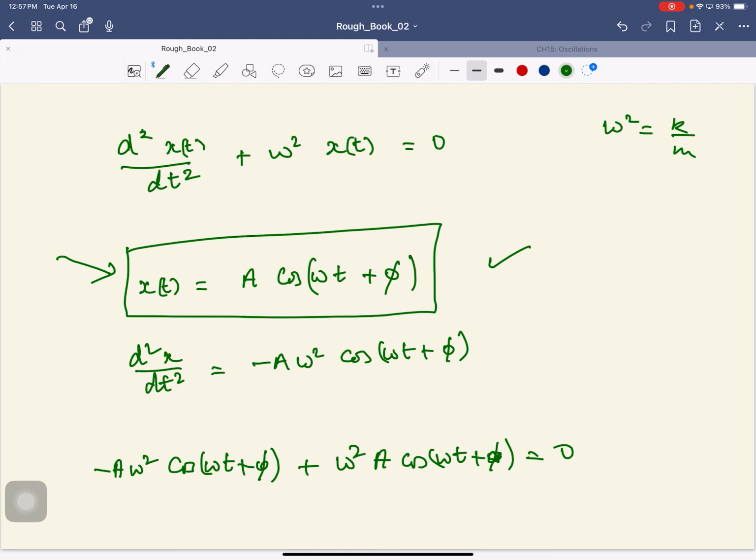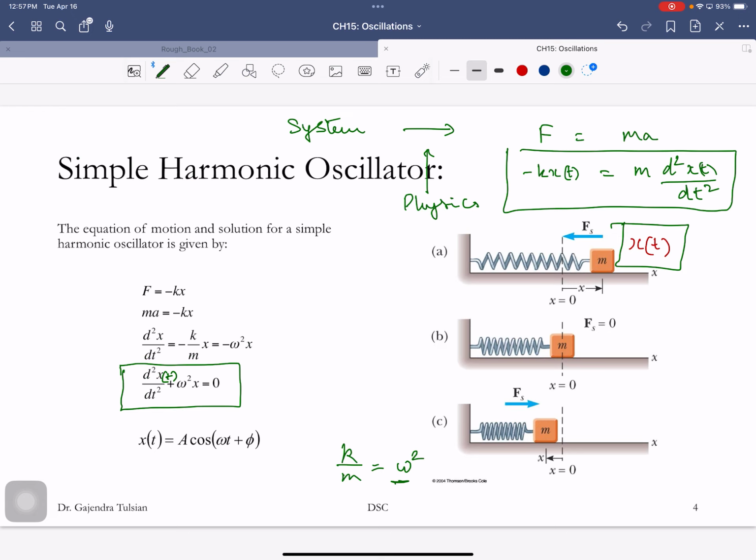I know that was quite a bit of information, so let me review this again. Here's a system you want to study. What do you mean by wanting to study the system? Let's say you put some energy into the system. How does the system evolve? Meaning you want the position of the mass as a function of time.